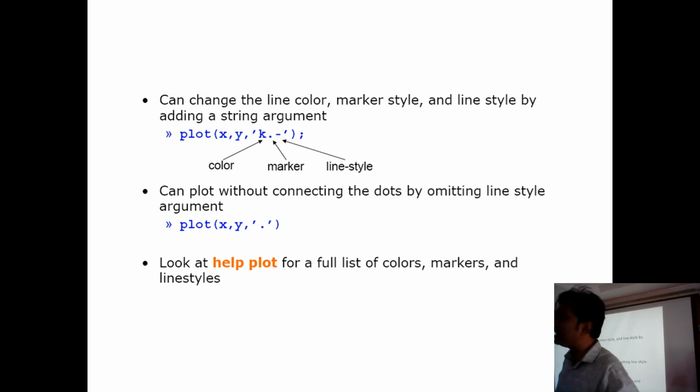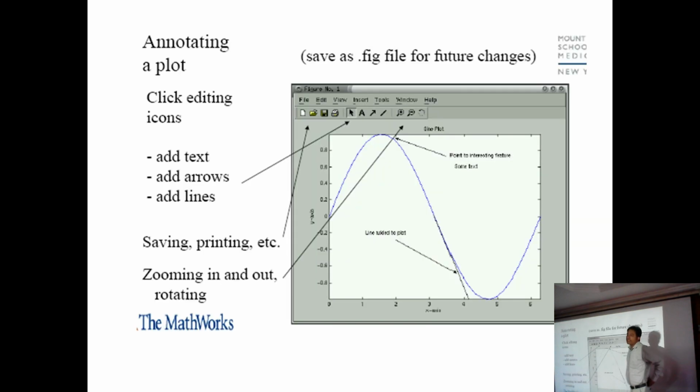If you type help color, MATLAB help will give the syntax for everything. When I go for plotting, for graphs, a window will open. This is called the figure window.